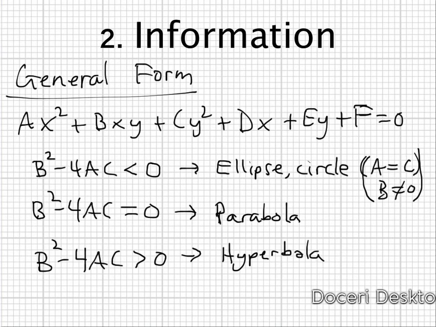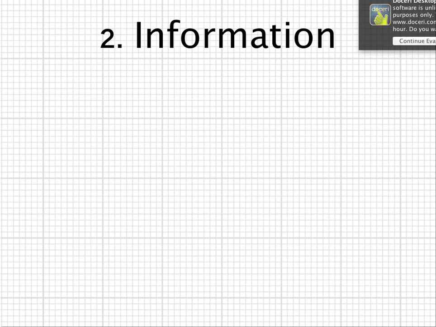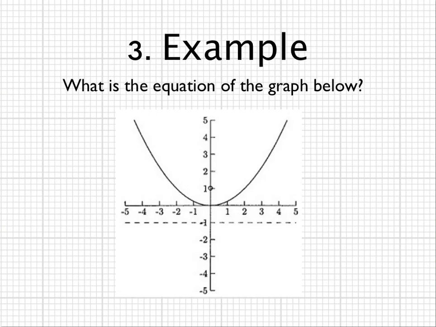So that's the general form. That's basically everything that we have in this section. So let me give you an example. The question is, what is the equation of the graph below? So what I do is I first look at it, and I have a parabola, so I know I'm going to have only x squared or only y squared.